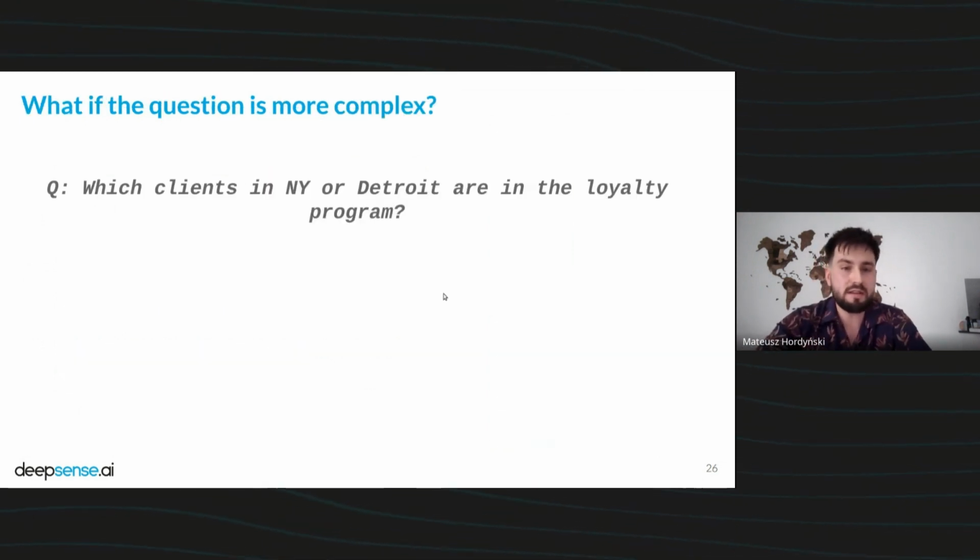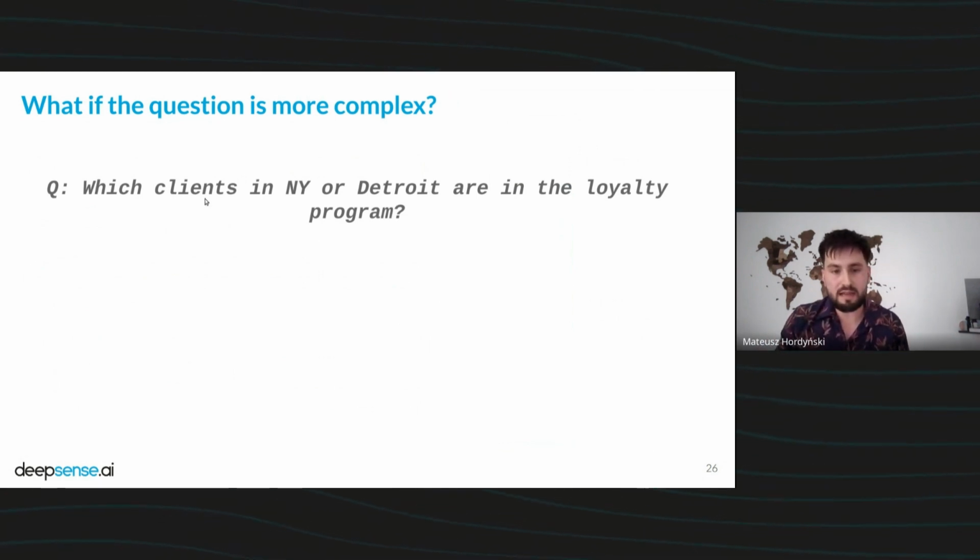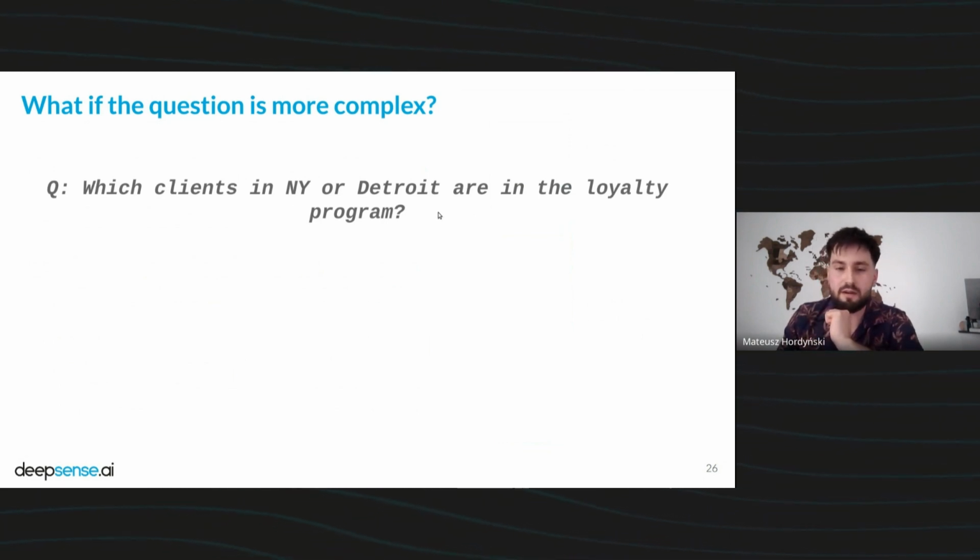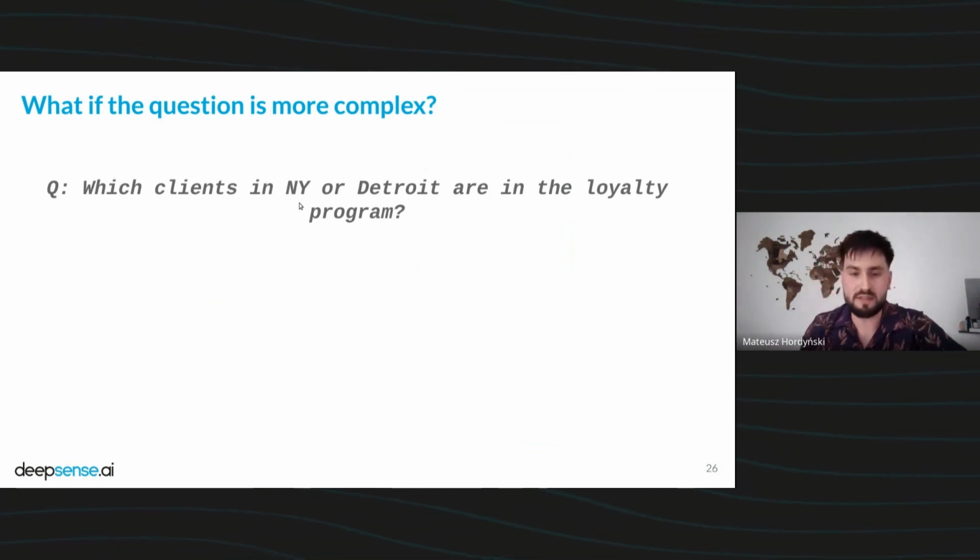Okay, but what if the question is more complex? Let's look at this question. Which clients in New York or Detroit are in the loyalty program? And let's break it down. So here we have three conditions, because we have a condition for the city.